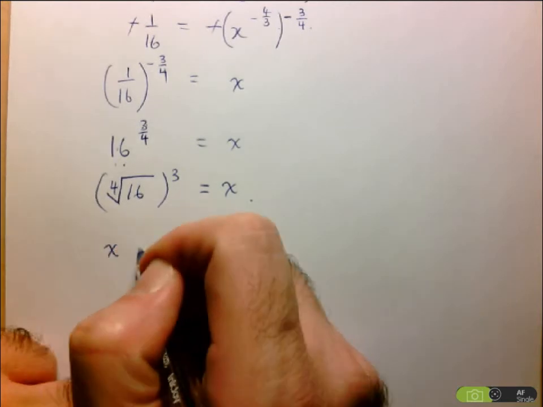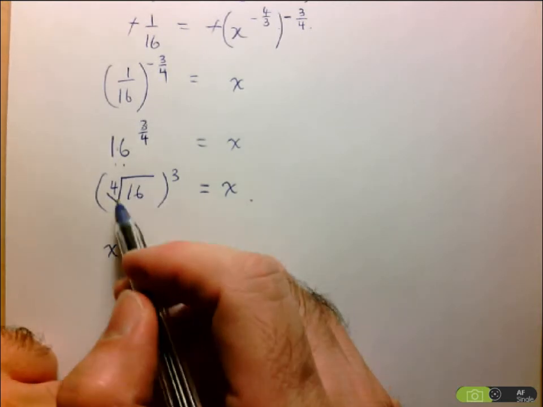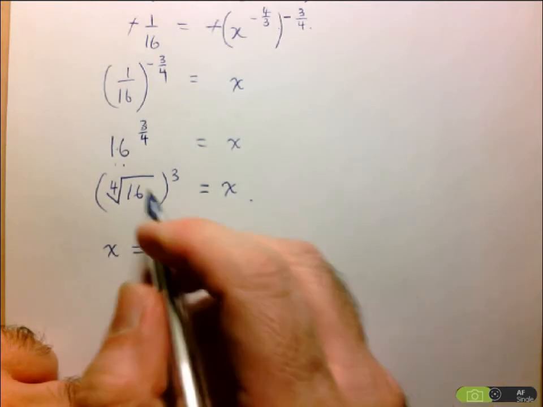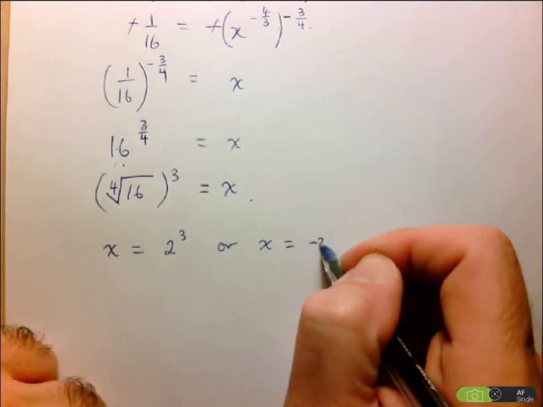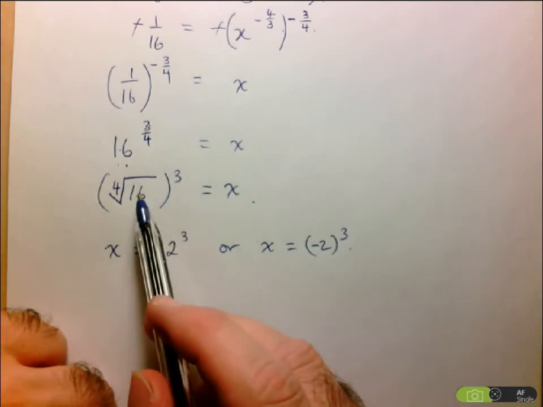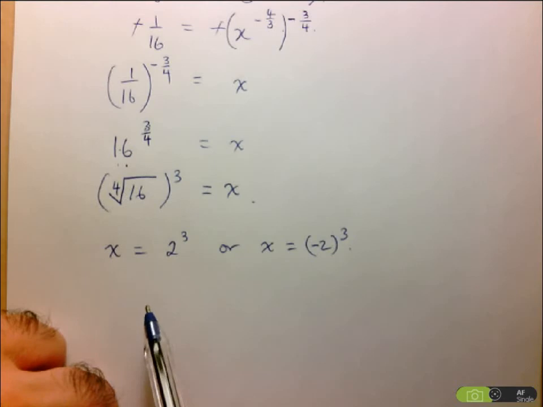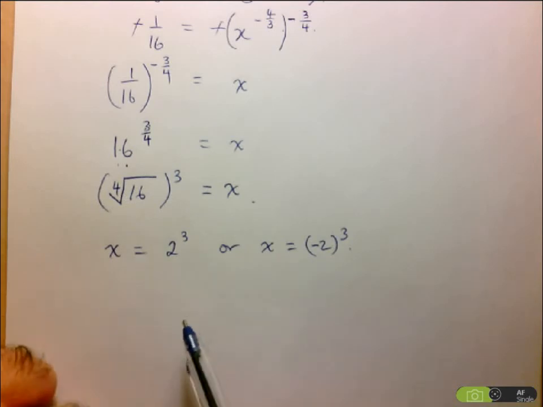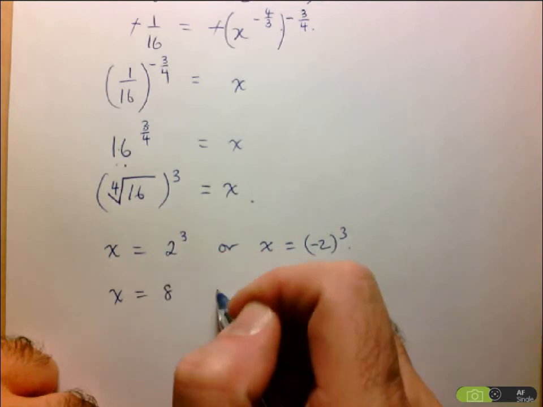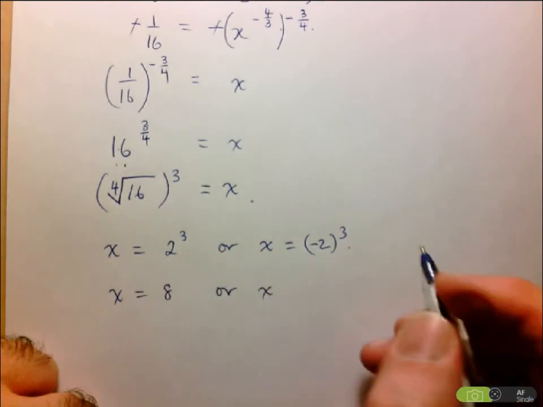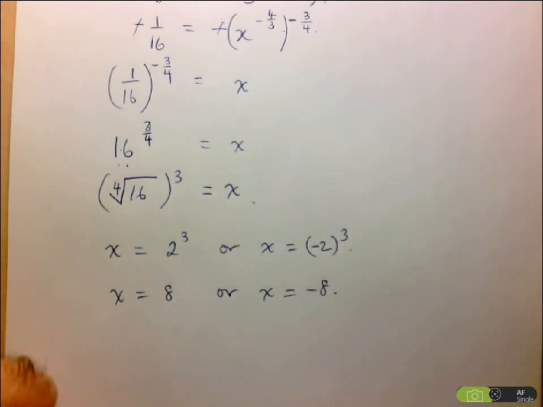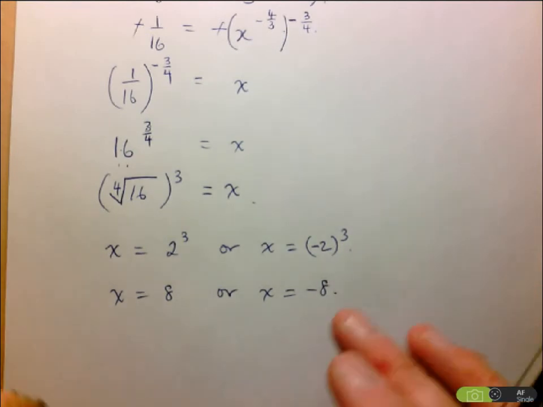So here x can be equal to positive 2 cubed, or x can be equal to negative 2 cubed. This is because I'm taking this fourth root on the left side of the equation that I have to consider the two possibilities. So in the end, our two answers are 2 cubed is 8, or x equals negative 2 cubed, which is negative 8.